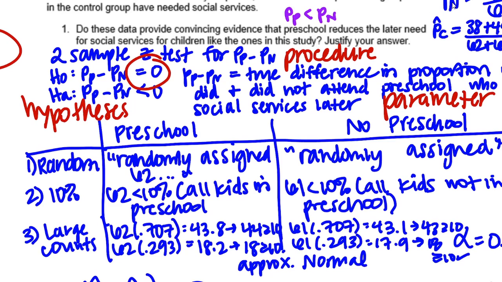The proportion who need social services is less for preschool than for not. And then we'd like it to be a subtraction, so then you can subtract the in over. And if I move it over, then that's how I get the less than 0. So sometimes it's easier to start there and then write your HA first. And so you can get the order of the subtraction that you want to use and then make it the same for your HO.